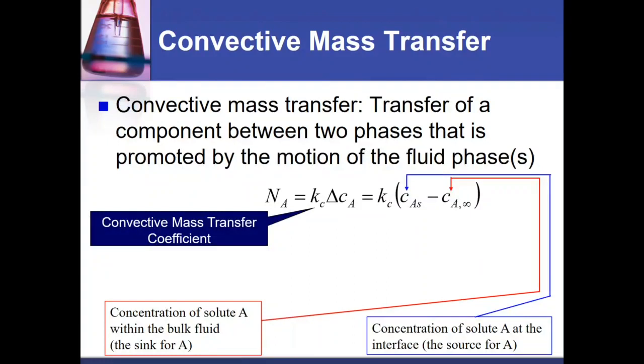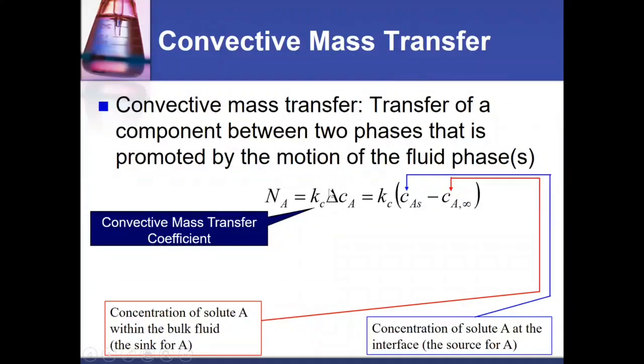So it was NA, for example, equals minus DAB C times dyA over dz, plus yA times the summation of the fluxes, and that second term, yA times the summation of the fluxes, is the convective term there. So now, if we just want to calculate the flux based on convection, if we know that we have just a convection process, then the flux will be Kc, which is the convective mass transfer coefficient, times the concentration gradient.